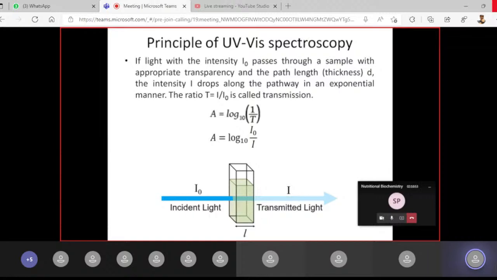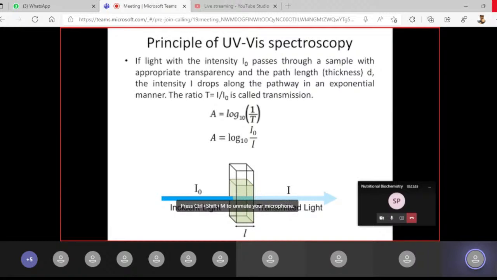The protein which has more concentration will show dark color. The protein with the lesser concentration will show a lighter color. So the amount of light absorbed is dependent on the concentration.